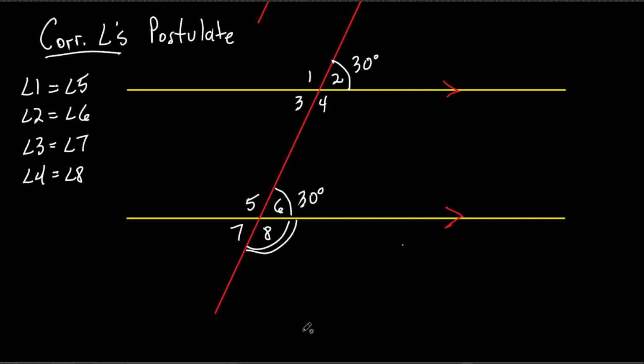By doing what? We've done this before. This is something that we've done before. So think about it. Everybody look up here and concentrate and think. If I told you angle 6 was 30 degrees, and I asked you to find what angle 8 was equal to, do you remember doing this? Watch. This might look more familiar to you.